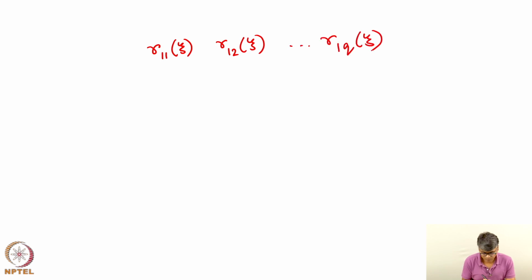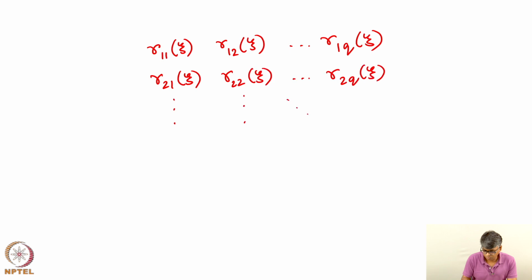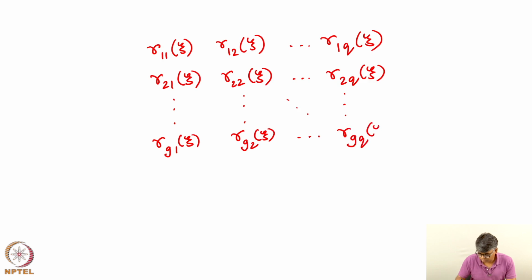Likewise, I can have several such equations. So, I can have R11(ξ), R12(ξ), dot dot dot R1q(ξ); R21(ξ), R22(ξ), dot dot dot R2q(ξ); and so on down to RG1(ξ), RG2(ξ), dot dot dot RGq(ξ).